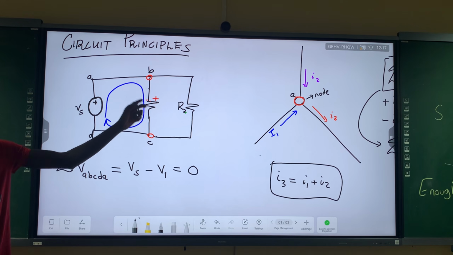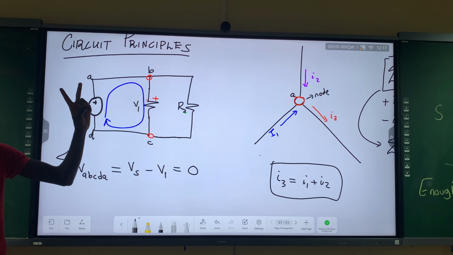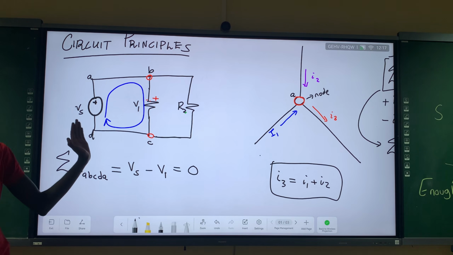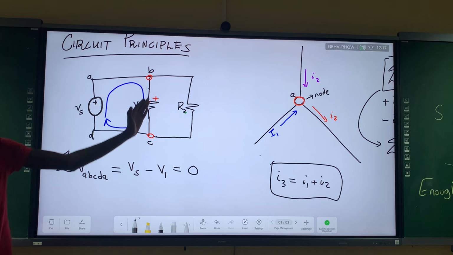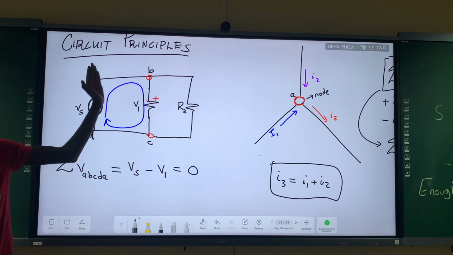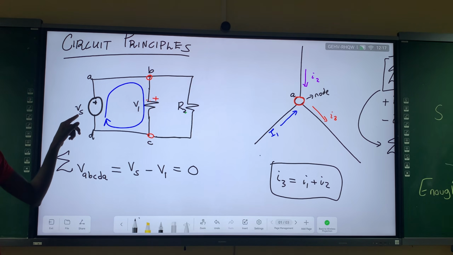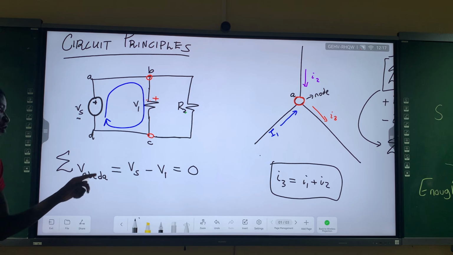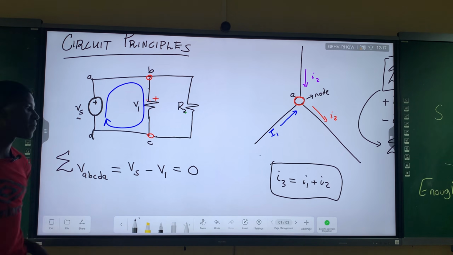We exclude the other one because we just did a loop around A, B, C, D. So we look at all the circuit elements that are found in the loop A, B, C, D. In this case, the circuit element number 1 that is producing what? That is producing energy. Is the voltage source. And then we have a resistor that is using up the energy. So Vs minus V1 will be equal to 0.